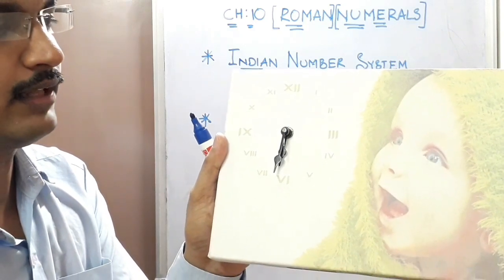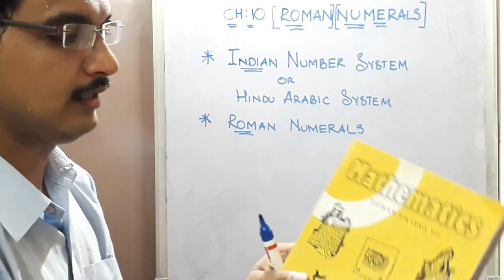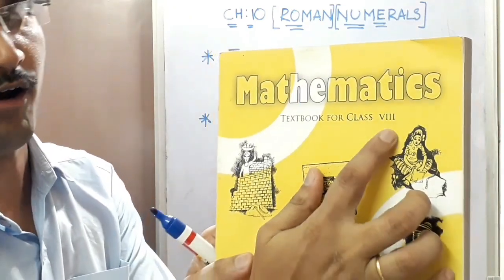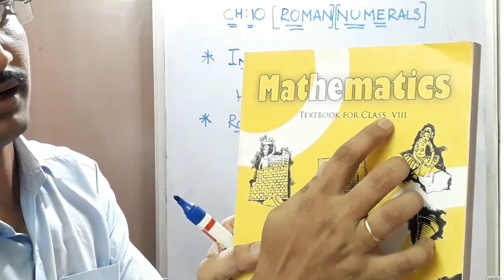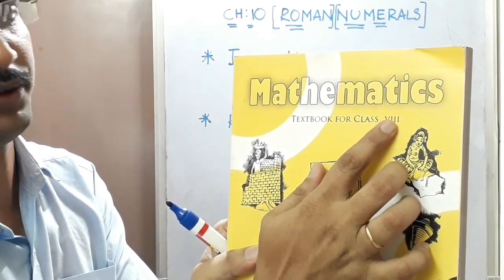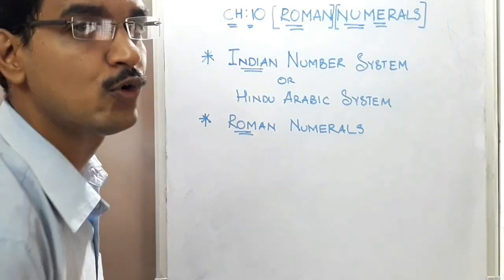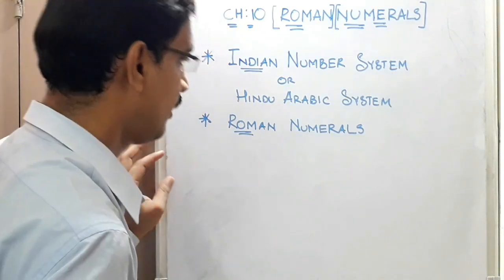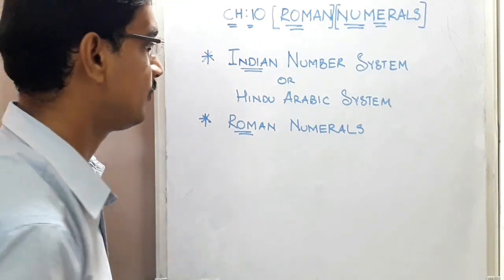The other thing is this textbook of 8th class. To mention textbook for class 8, they use Roman numerals. Even the volumes of books and so many other things are represented using Roman numerals.